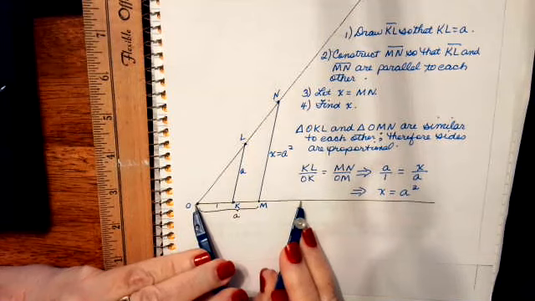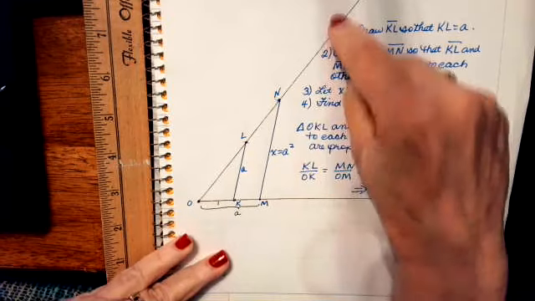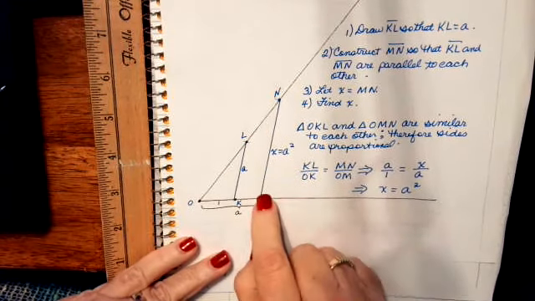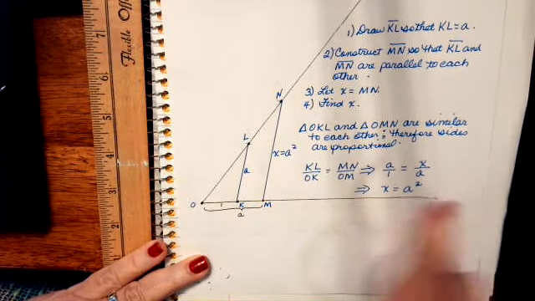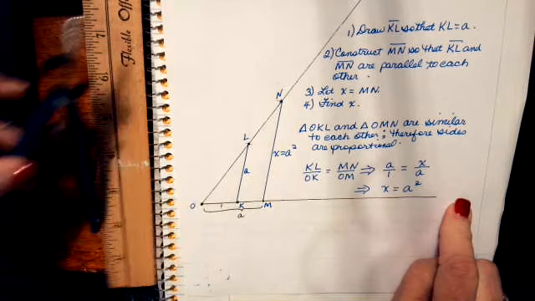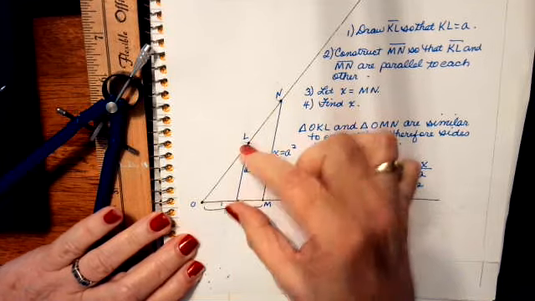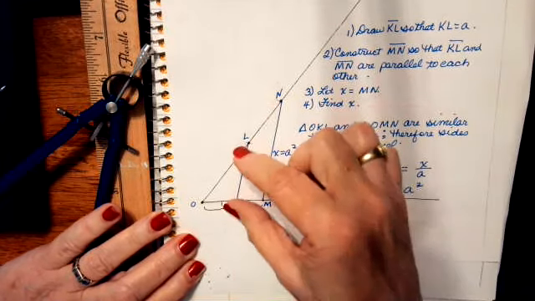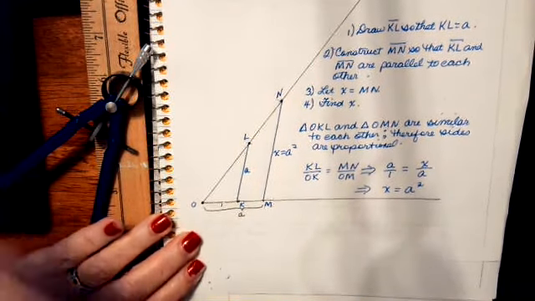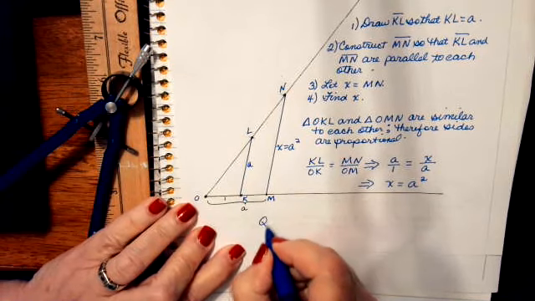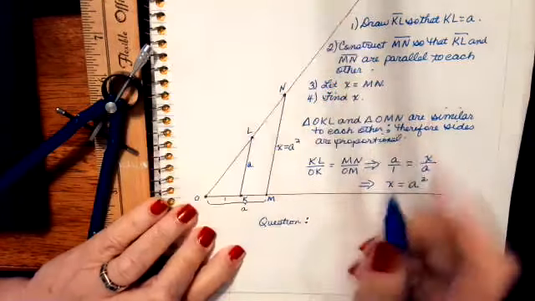I mark off A squared along here, and then draw in the line at this point that's parallel to this one. So I'm going to have going across the bottom of this side of the angle, line segments 1, A, A squared, and so on. And then these parallel lines have length A squared, A to the third, and so on. Well, a question for you, you think about this: what if A is less than 1?